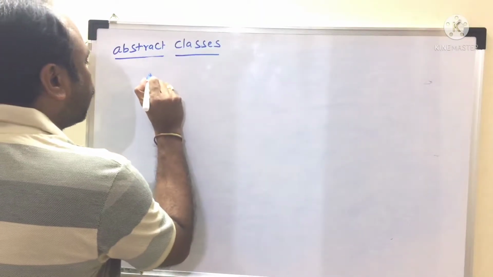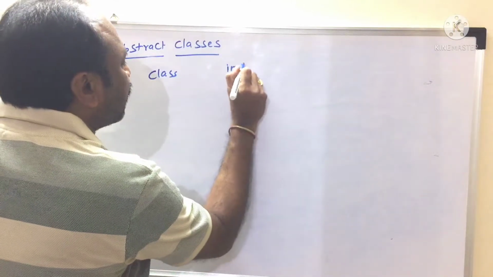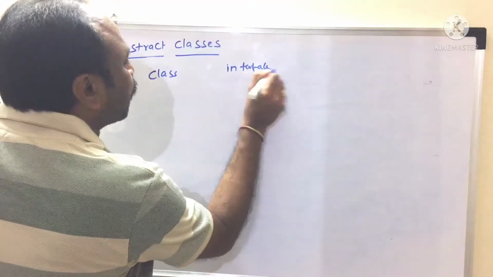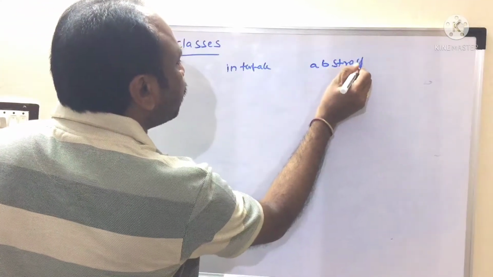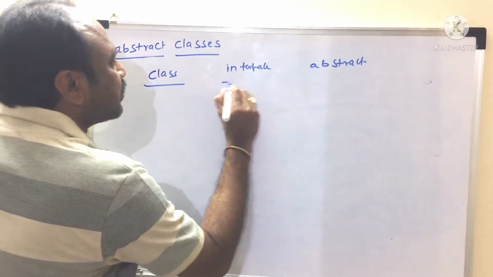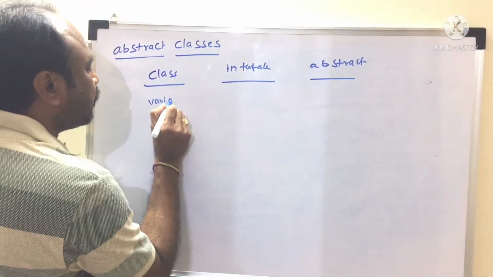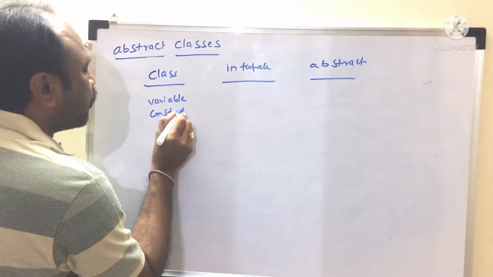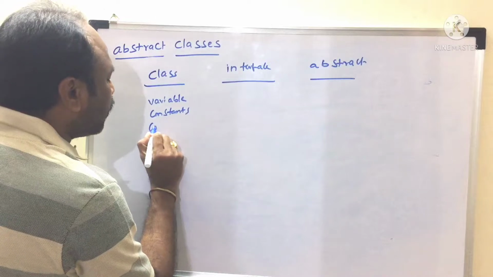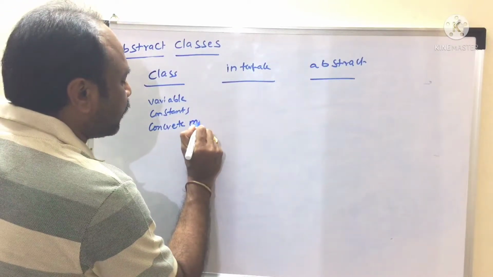Here I am going to talk about class. Here I am going to talk about interface. Here I am going to talk about abstract class. In the class, we may have variables, we may have constants, we may have concrete methods. What is the meaning of concrete method? A method having a body.